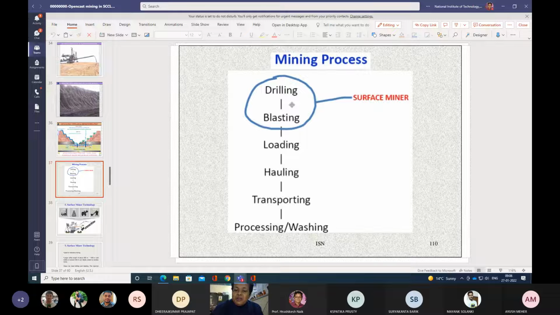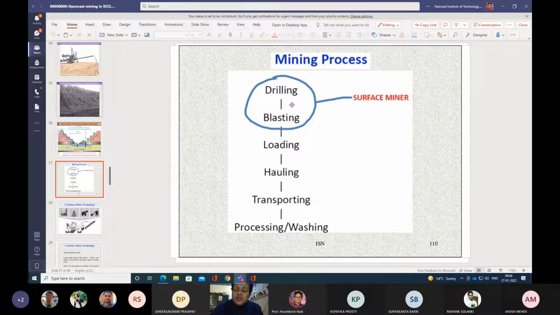Because coal is soft, the surface miner can easily mine the soft coal. But the surface miner cannot be used for the iron ore mining, hard rock mining. Surface miner cannot be used for the hard rock mining.